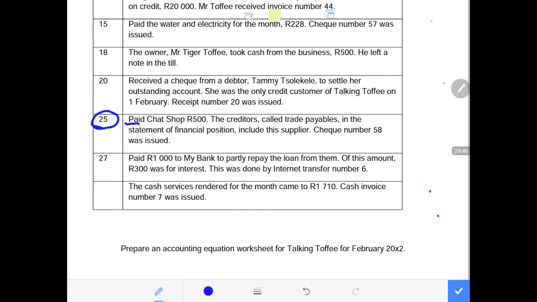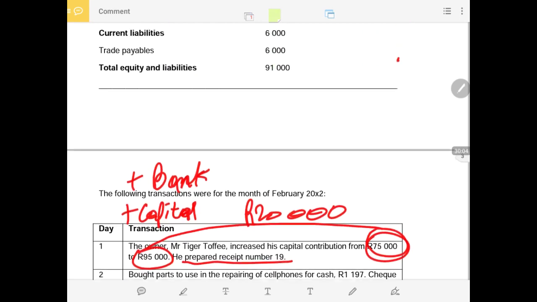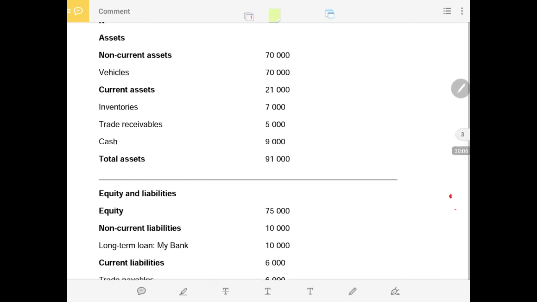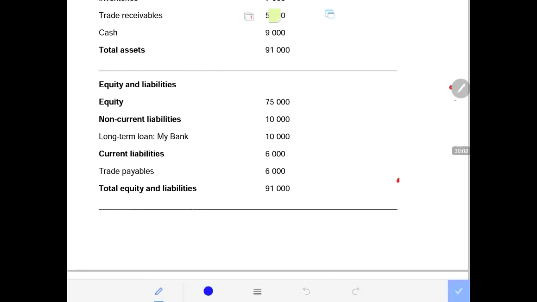If we paid, money is going out, so minus bank, meaning our bank must decrease by the amount that we have paid the creditor, called trade payables in the statement of financial position. This is the supplier, meaning the amount of our creditor that we see in the statement of financial position, referring now to this amount, the amount that we see as trade payables, meaning under creditors.